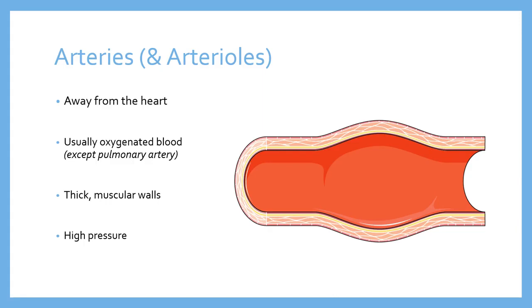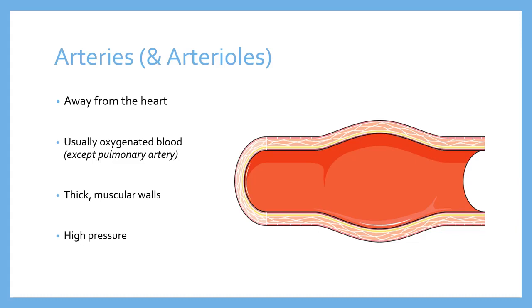Particularly the aorta, which is the largest, thickest and most muscular of the arteries, that's the first artery that leaves the heart. So as soon as the blood leaves the heart, it goes straight into the aorta, that first main artery that's off on its way to the body and to the muscles.